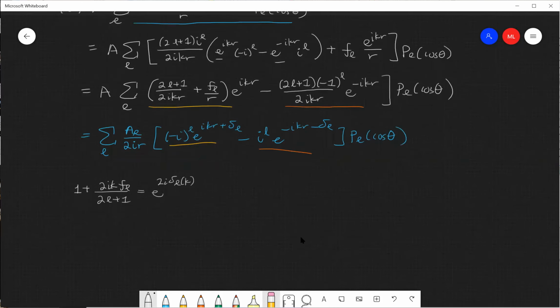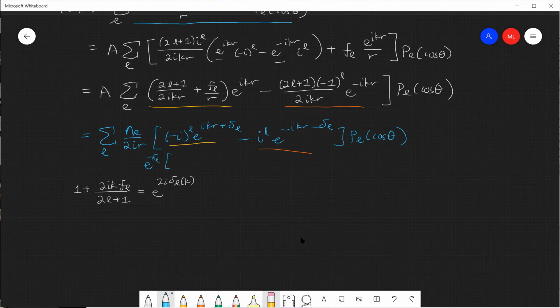And again, we factor out, maybe we do one more step, a factor of e to the delta_L, or minus delta_L.